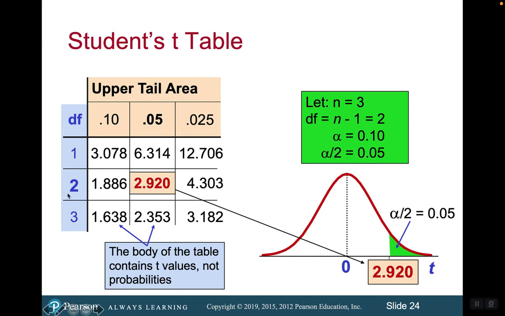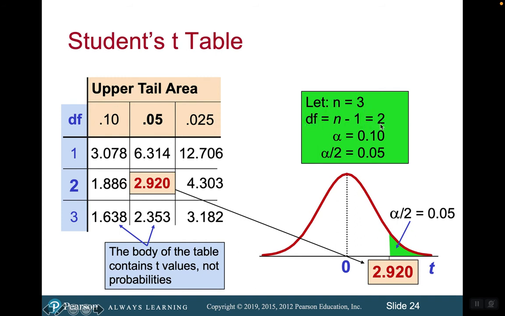As we calculate this out, we can do a lookup. In this case, we're looking for 2 and 0.5. Degrees of freedom is n minus 1, where n is 3, which is our sample size.